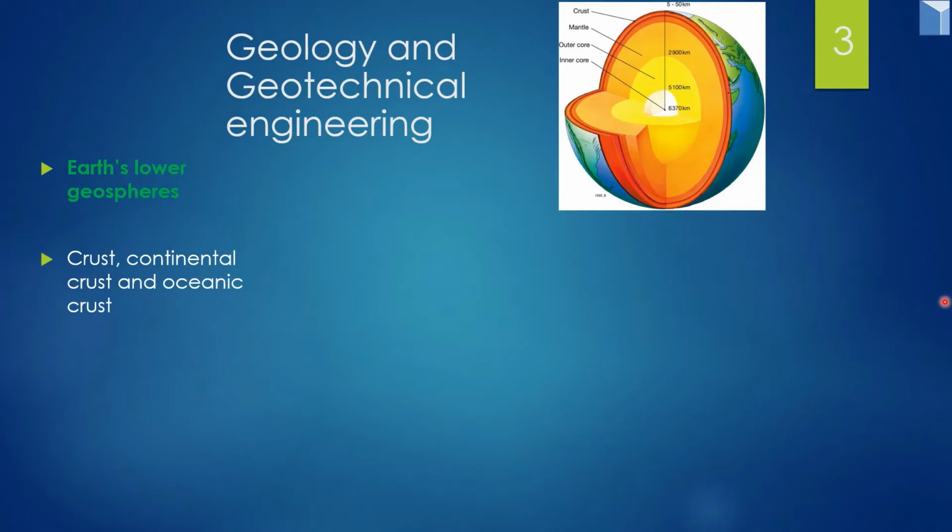So we have the mantle also. The mantle is divided into two subspheres. The first one is the upper mantle, and the second one is the lower mantle. The upper mantle is active.